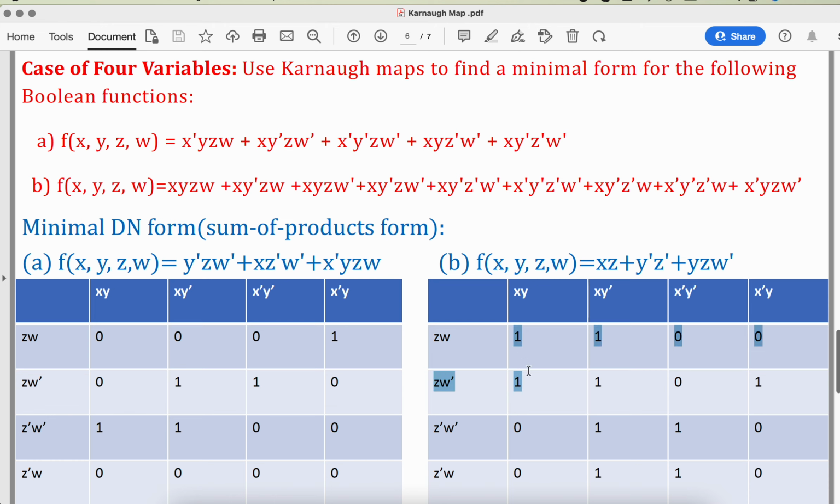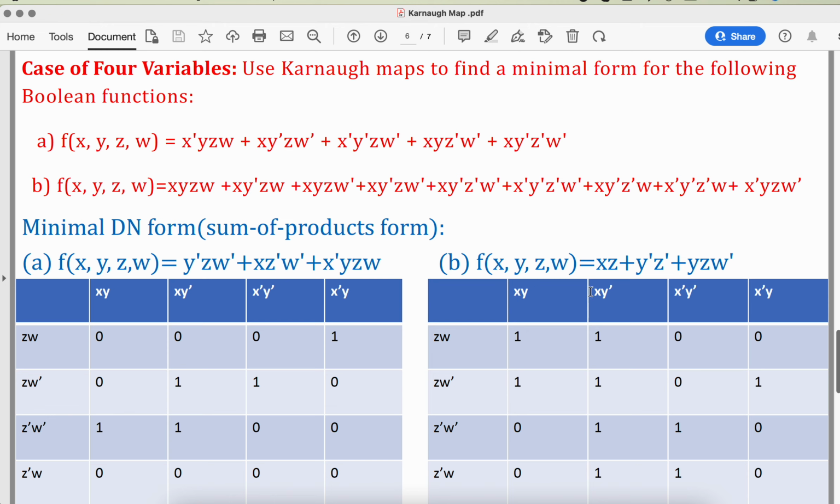So in this case we have this rectangle consisting of 4 squares, 4 ones. From here we get X and Z, because Y is in complemented and uncomplemented form, and W is also in complemented and uncomplemented form.